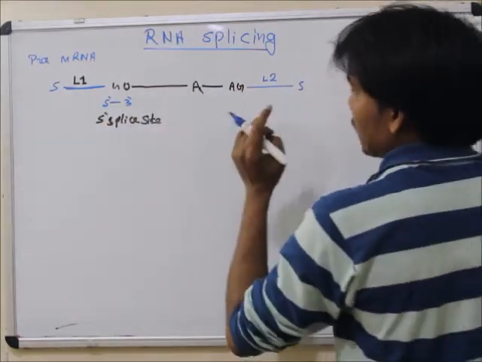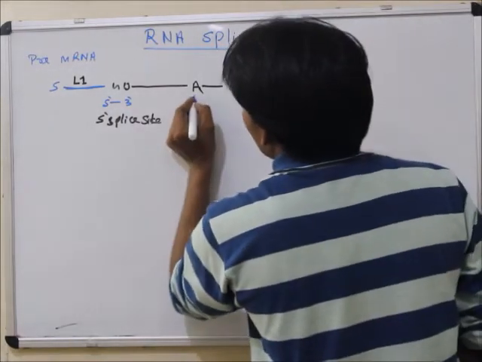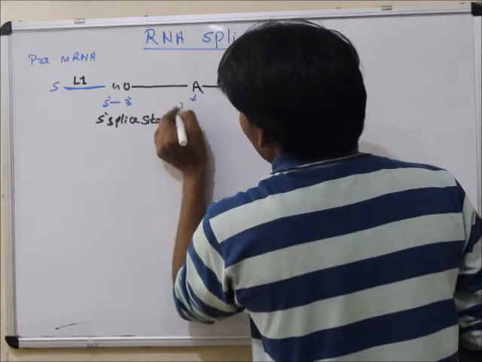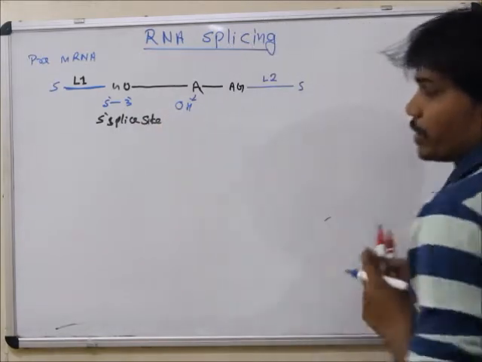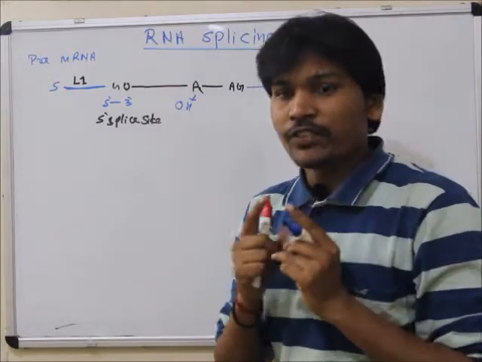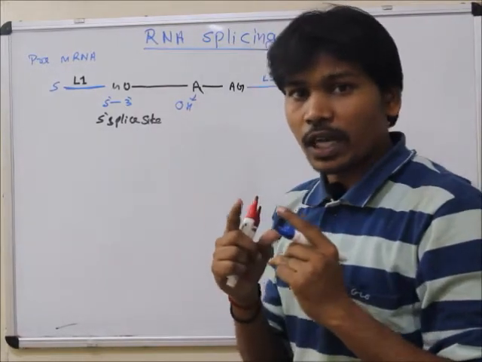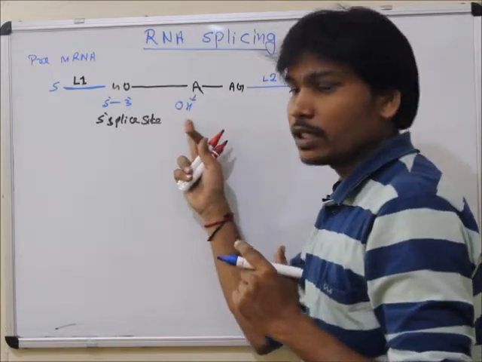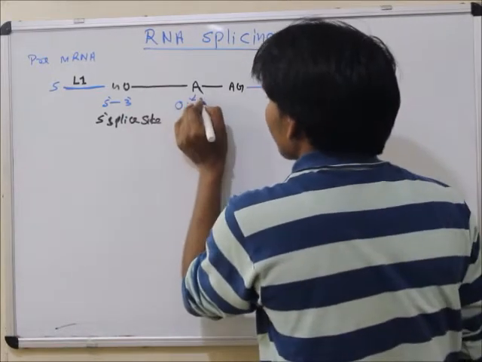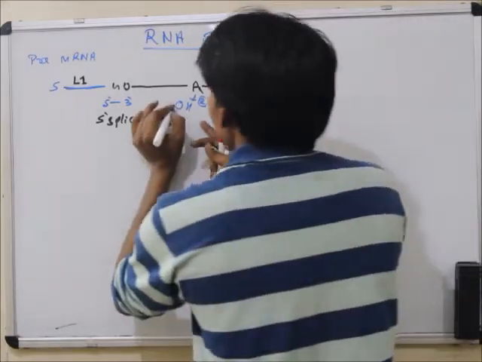There is an adenine with a 2' OH. If you imagine the figure of adenine, at the 2' position of the carbon there is a hydroxyl group, and this 2' position is the important point where the OH reacts.